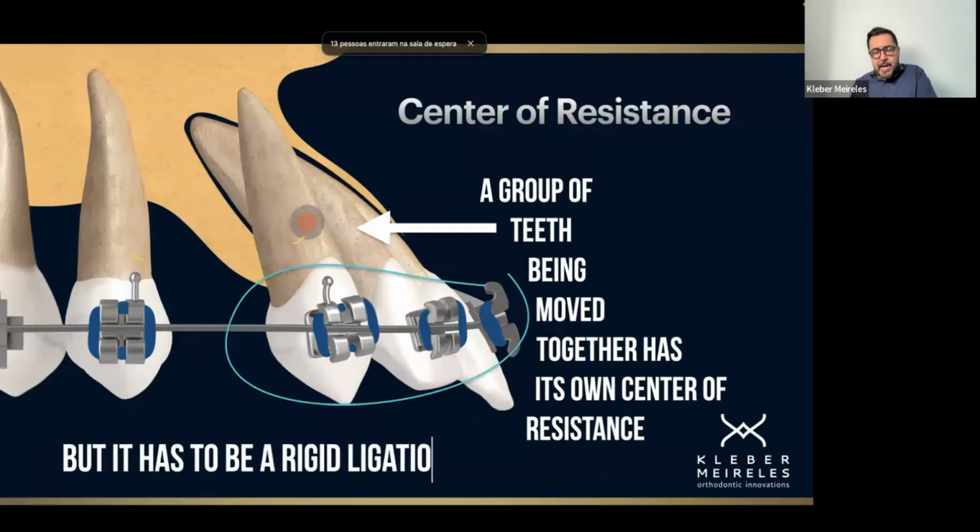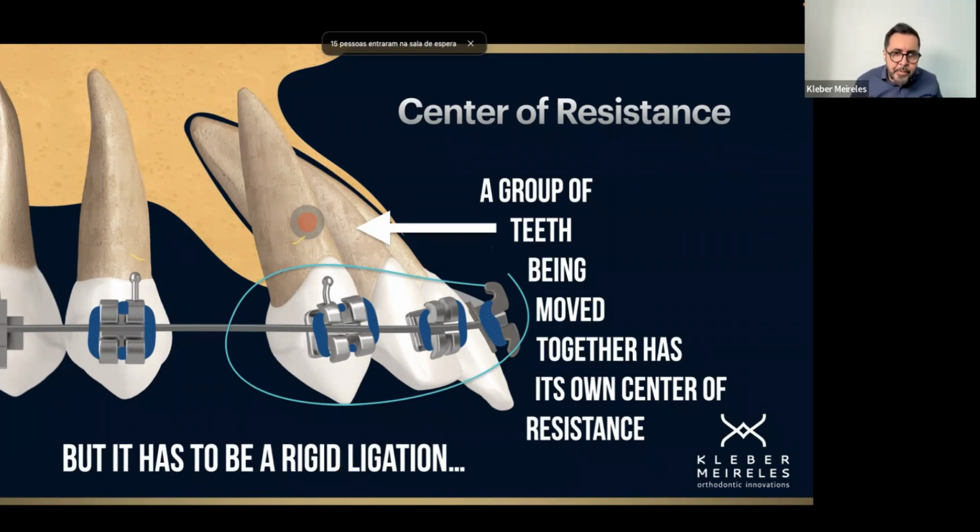Well, just making things a little bit more difficult. What if I need to do the retraction of a group of teeth, for example? We know that a group of teeth will present when they are tied together, but let's go deeper in this concept here. How can I consider that a group of teeth may be seen as a body, one body, just one body?